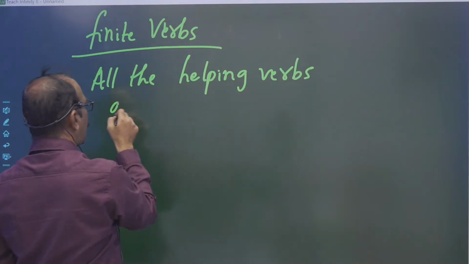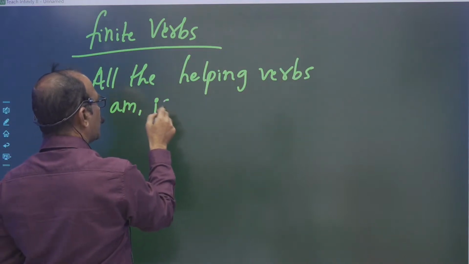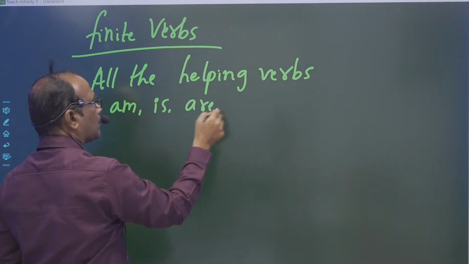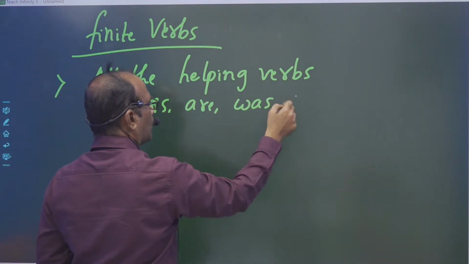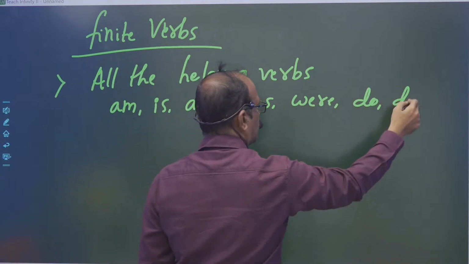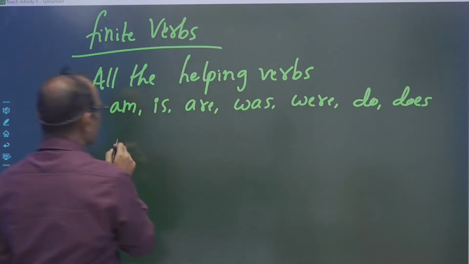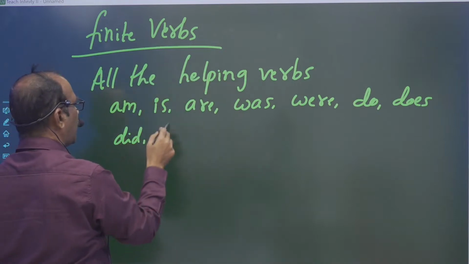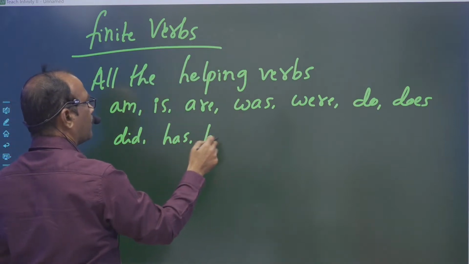For example, am, be forms of helping verbs, is, are, was, were, do, does, did, has, have, had.